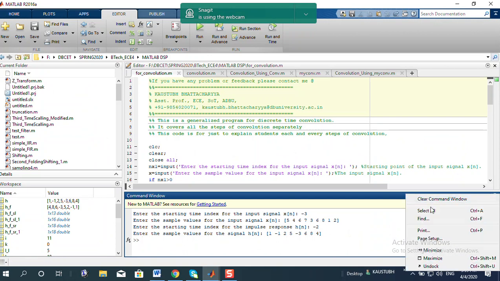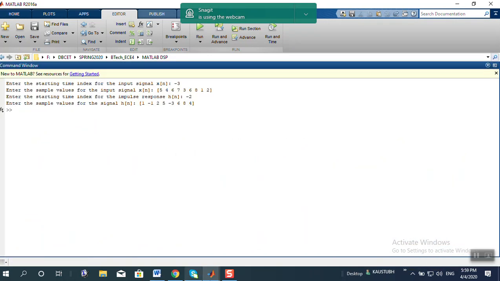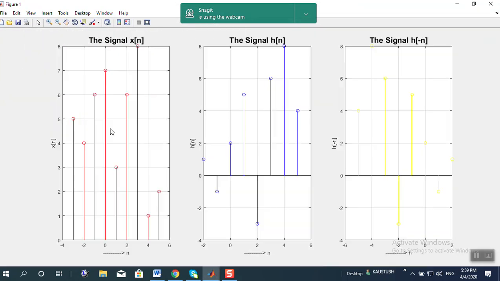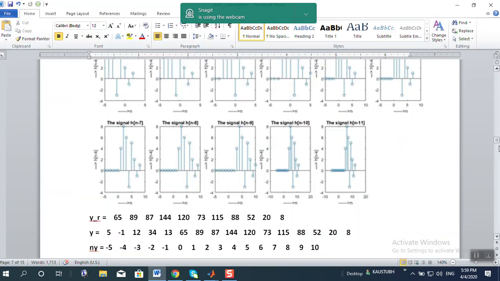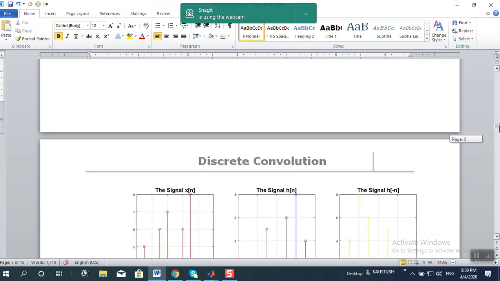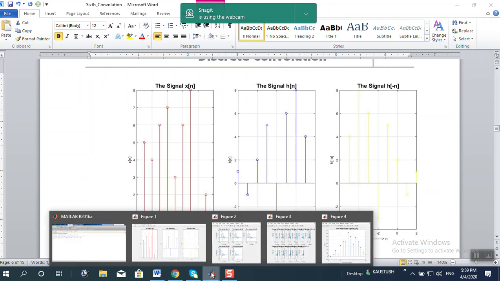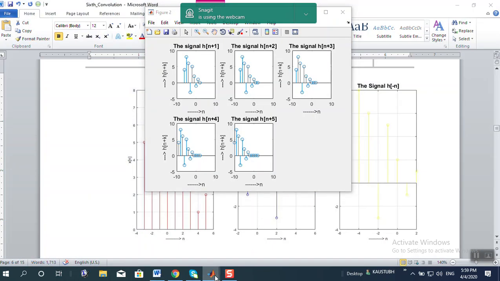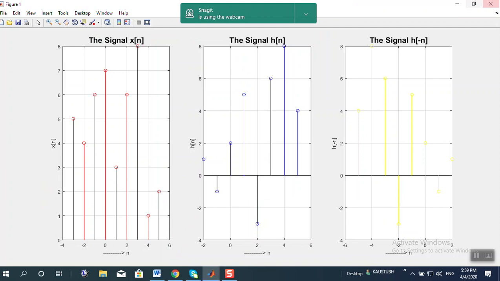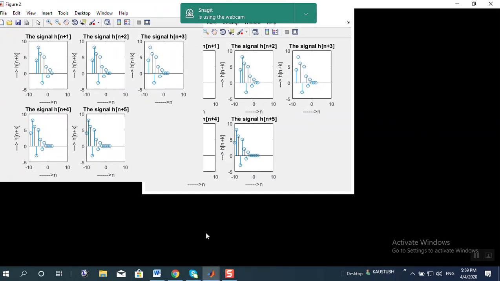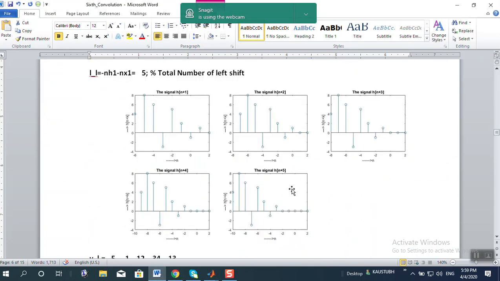So you see here, these are the results. This is your input h of n and impulse response as this, as I have already taken the same example. Then these are all your left shifted values as I have shown here.